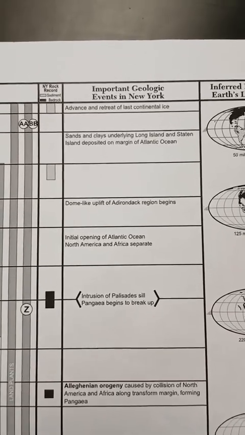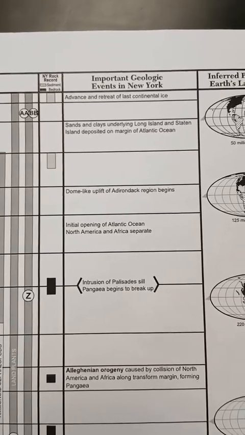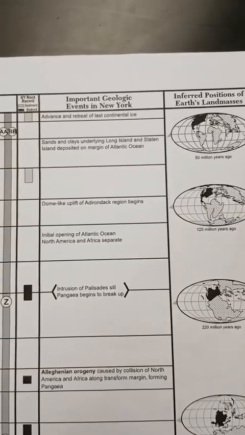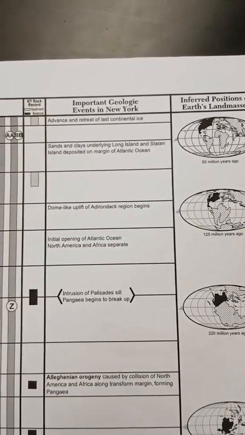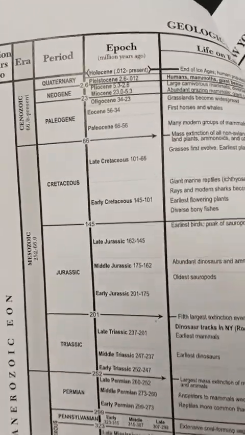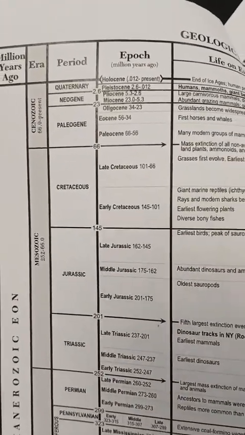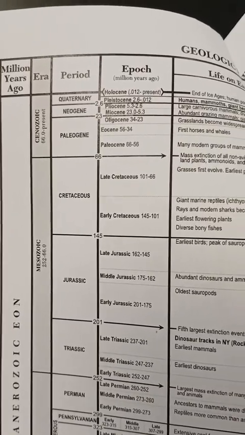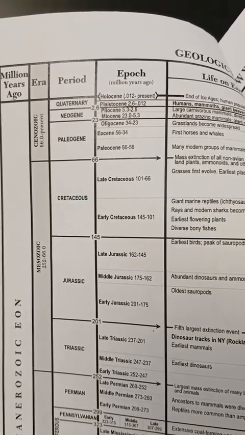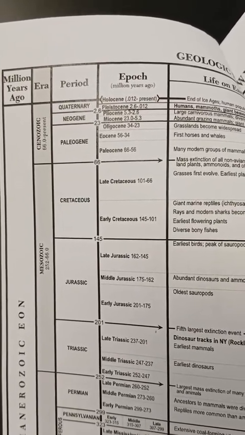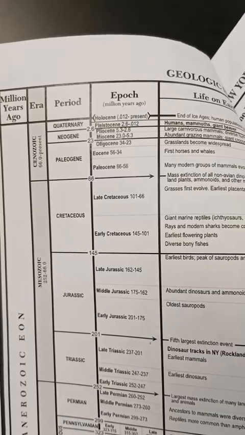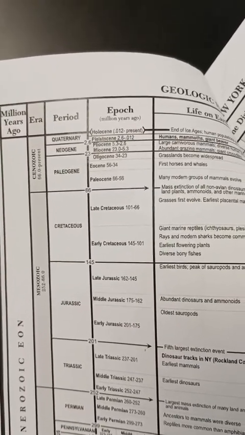With that being said, since I know that it is the top section that took place very recently, approximately 50 million years ago or less, I'm going to go over to the other reference table page, and look at the periods at the top, Quaternary, Neogene, Paleogene, and see which one had the end of the ice age.